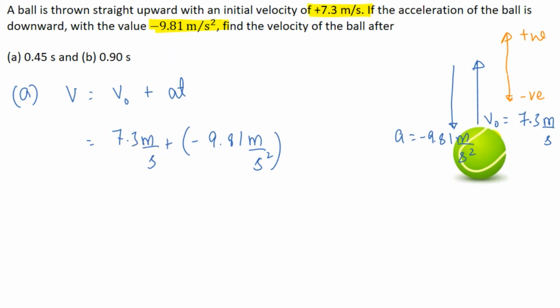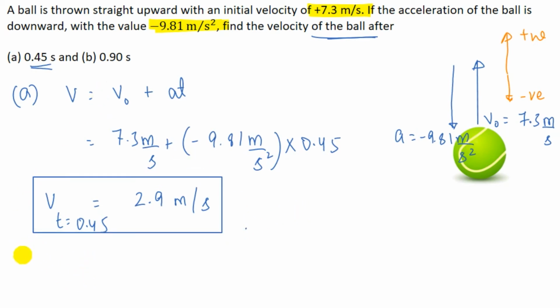Now time we have to take 0.45 seconds because we have to find the velocity of the ball after 0.45 seconds, so that would be equal to 2.9 meter per second. Therefore the velocity after the time t equals 0.45 second will be 2.9 meter per second.